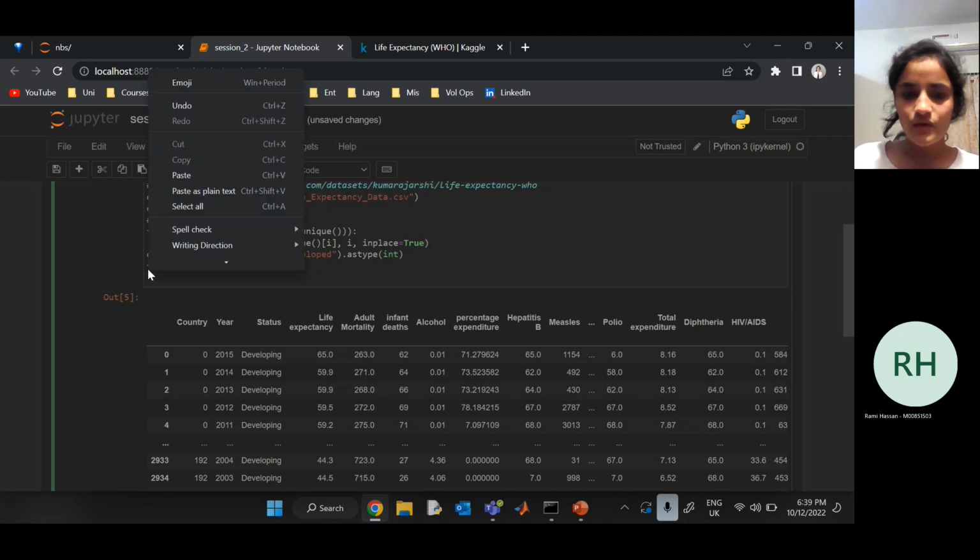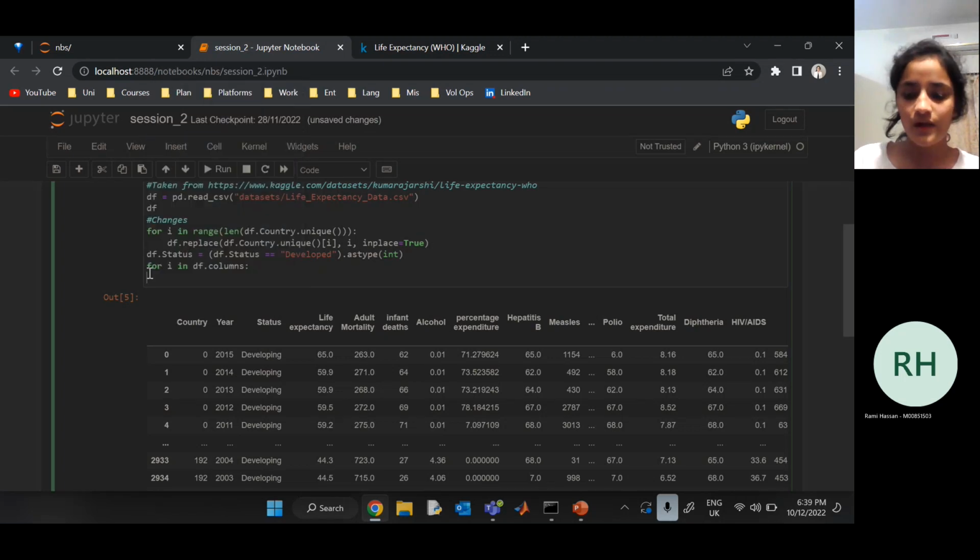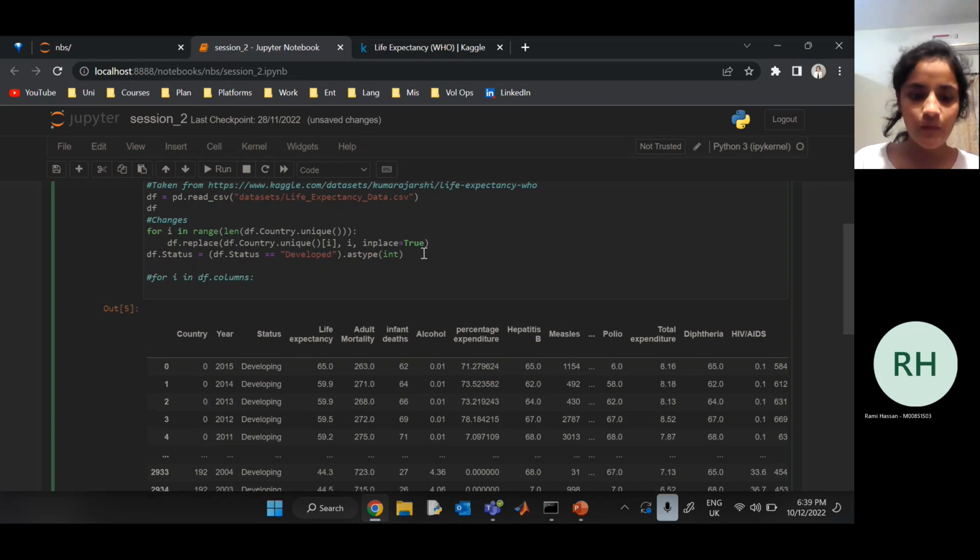Okay, before I do this, let me show you how to check for nan values, and then we'll make the change. Suppose I choose, let me check adult mortality maybe, or let me check hepatitis B. Okay, hepatitis B is over here, right? So let me type in that hepatitis B. This is going to give me that column, right?